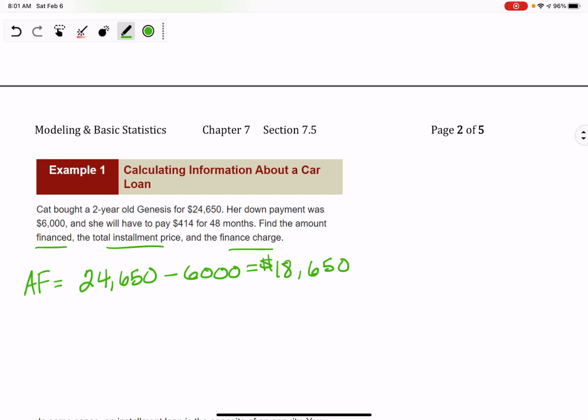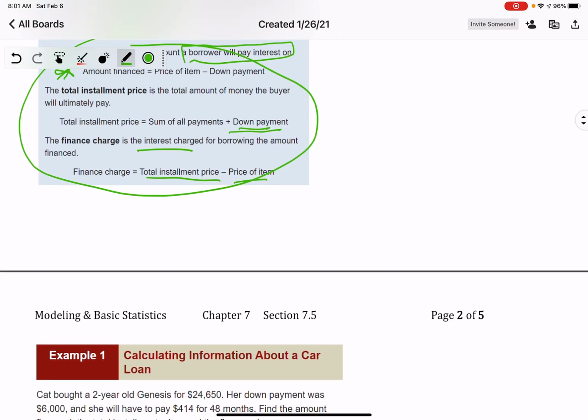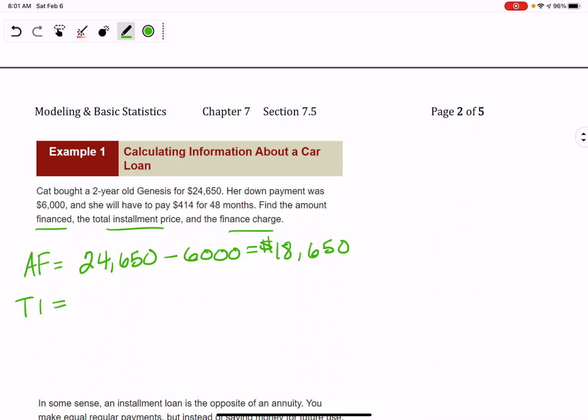Then it says the total installment. The total installment will be the sum of all payments plus the down payment. Well, she's paying $414 per month for 48 months. This gives us 19,872.